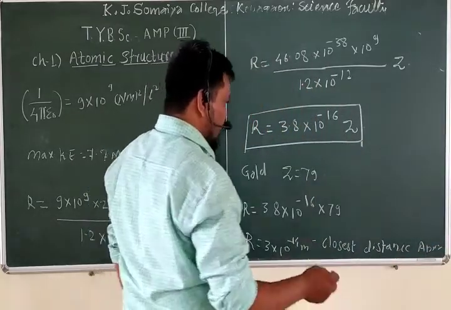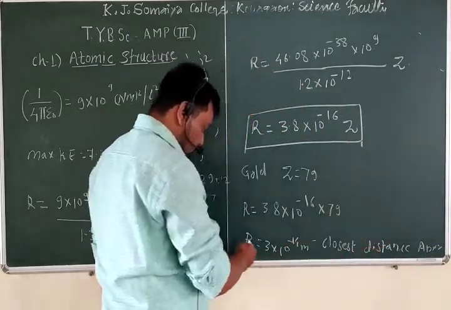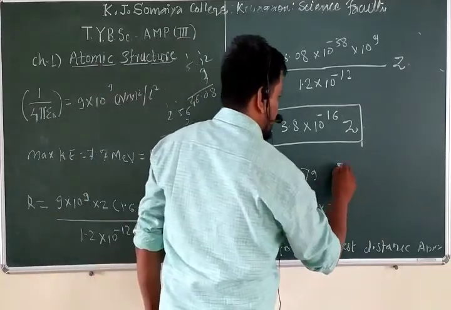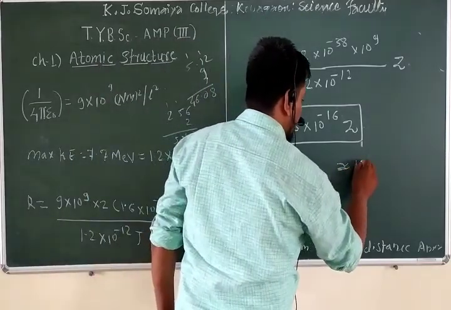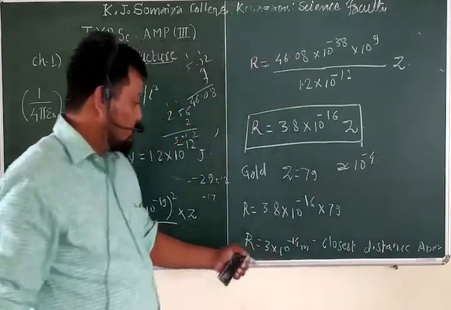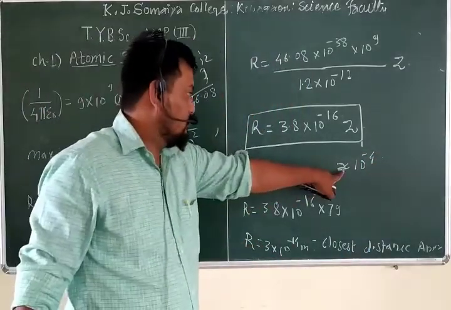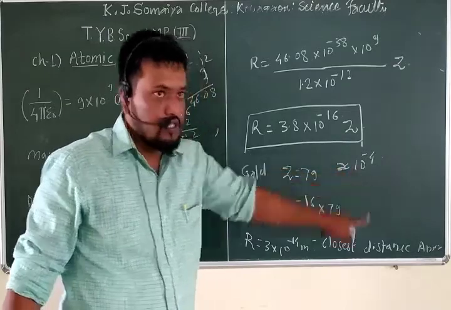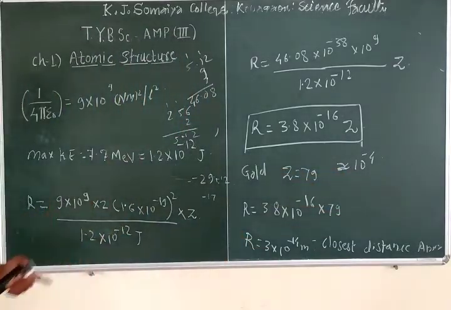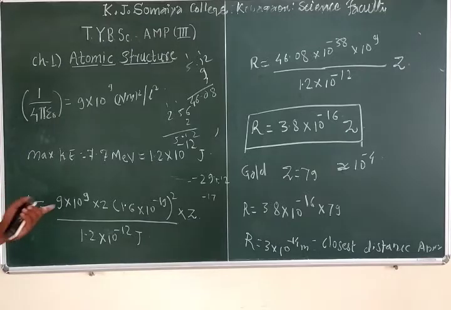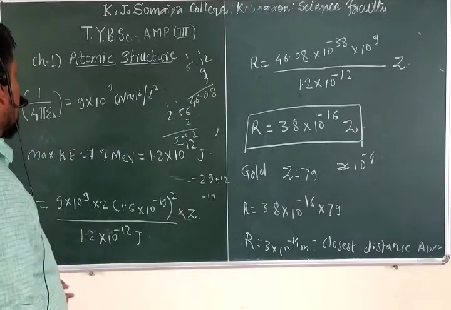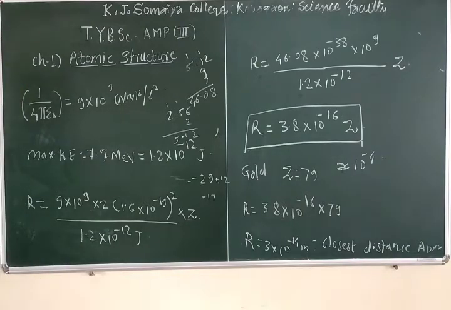As compared to this, the size of the nucleus of the gold atom is near about 10^-15. So I am telling you that the size of the nucleus is small as compared to the closest distance of approach.